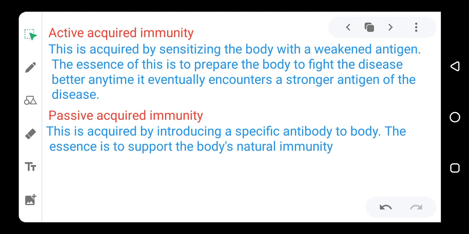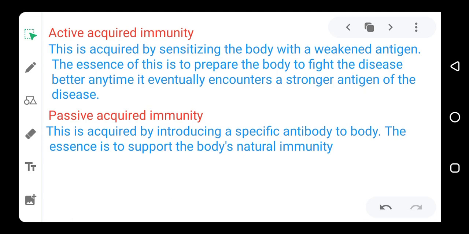So if the enemy moves to another side, they will move more soldiers to that place. So that is what is done in passive acquired immunity. This one is not active, it is passive. As the enemy moves, we move soldiers that are equal in strength to them to overcome the enemy.